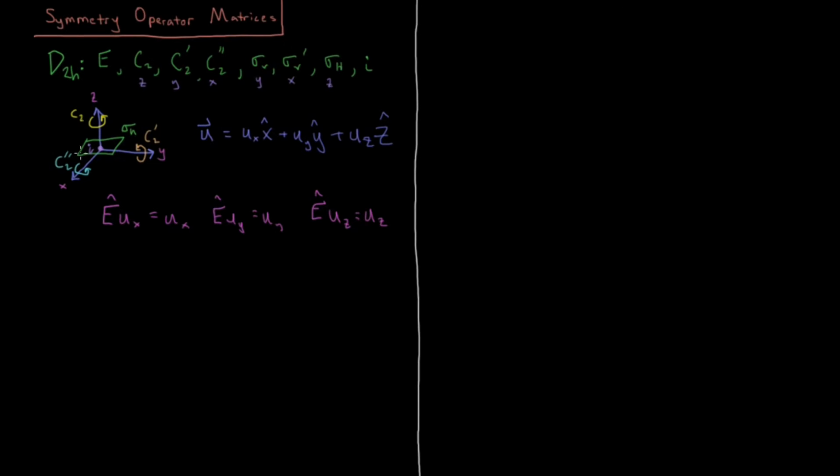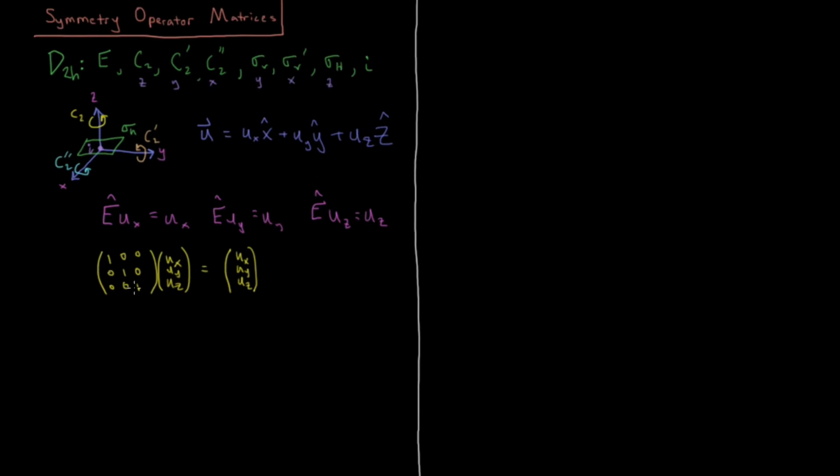Another way we could write this is to turn this into a matrix operating on this vector. If we have the vector ux, uy, uz, this is equal to the identity operator leaving that unchanged. So what would be the matrix operator which would leave this unchanged? It would be the following matrix. It would just be a 3x3 identity matrix.